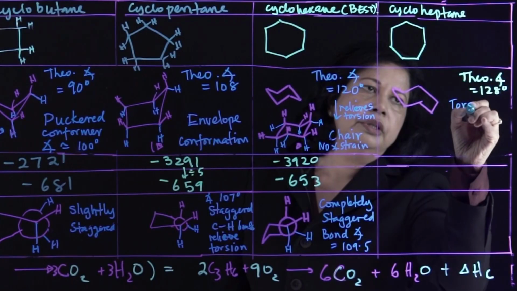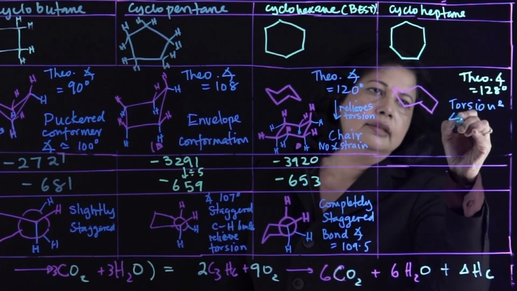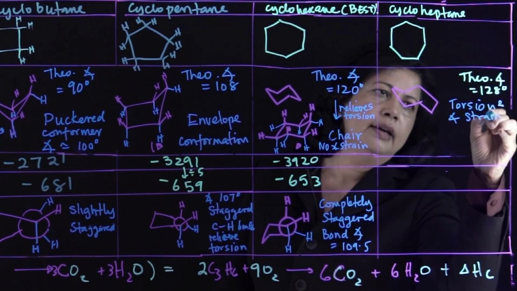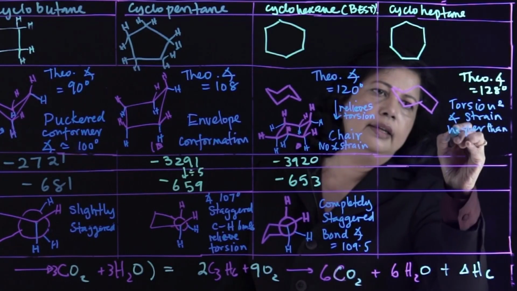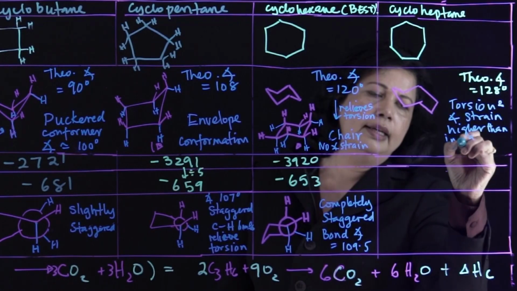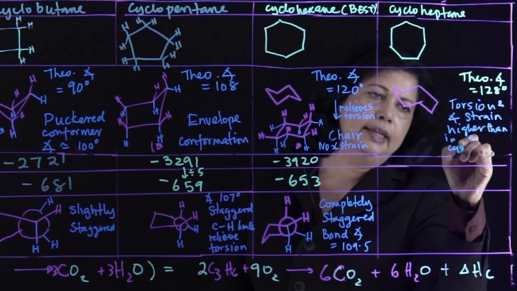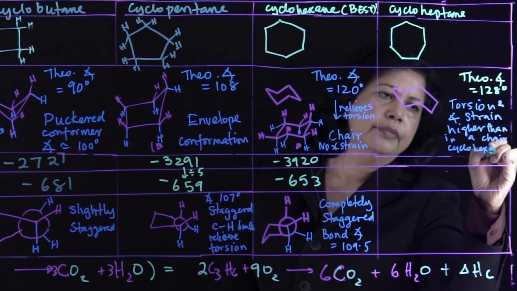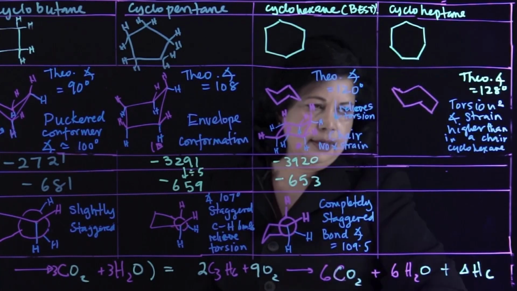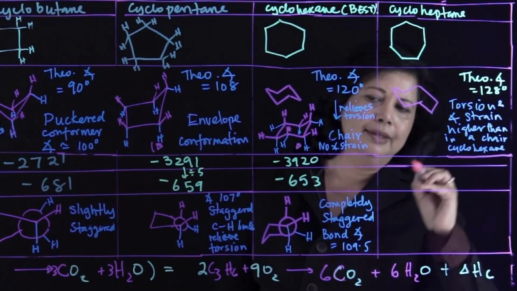So torsion and angle strain are higher than in a chair cyclohexane, because it kind of disrupts that chair by having that extra carbon.